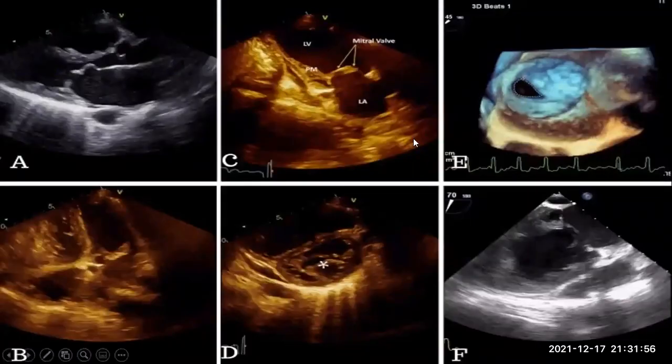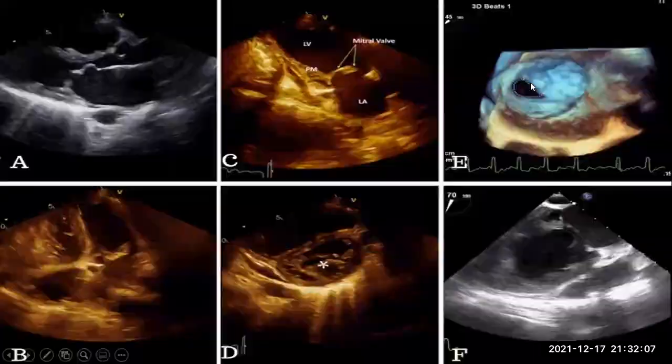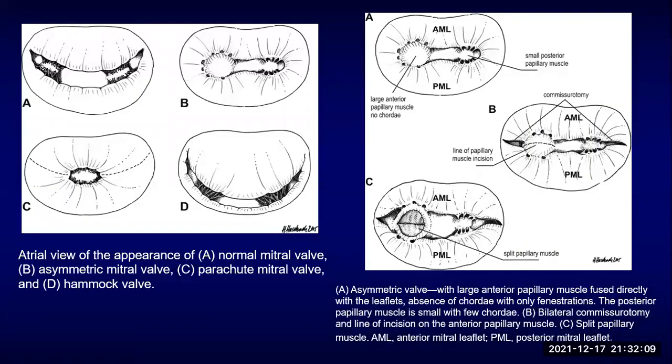You can see here the second papillary muscle, okay, and the area of the mitral valve, which is a small area. So here we have the types we talked about. This is the normal anatomy. This is the asymmetric mitral valve. This is the parachute mitral valve, and this is the hammock.